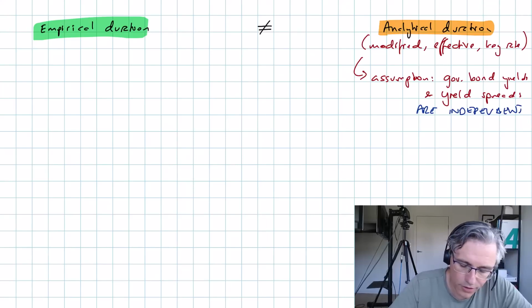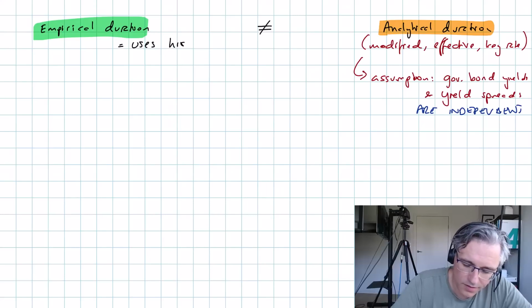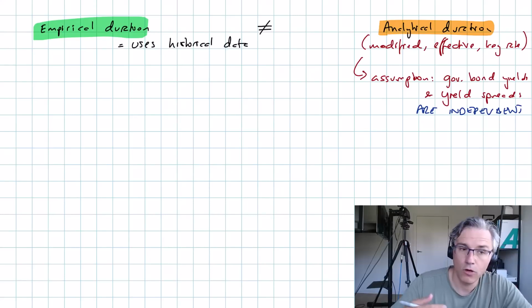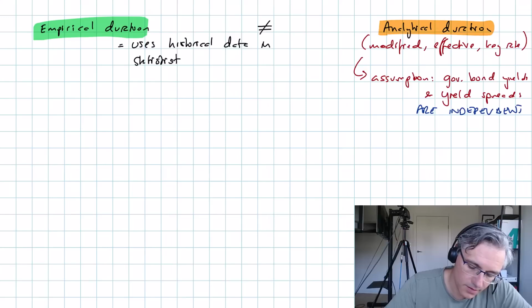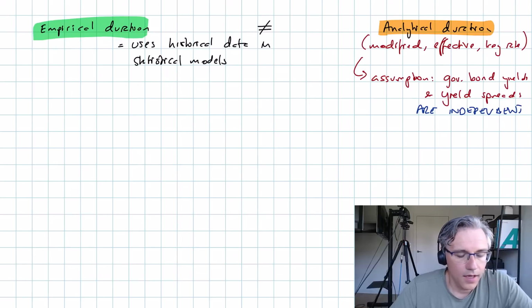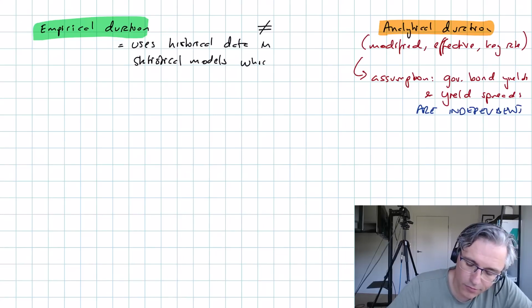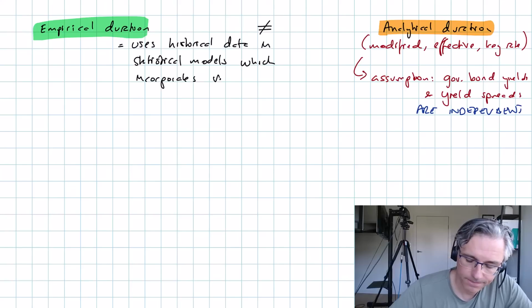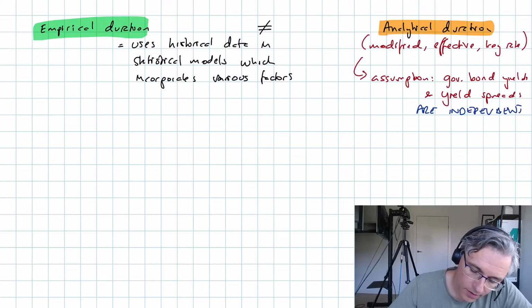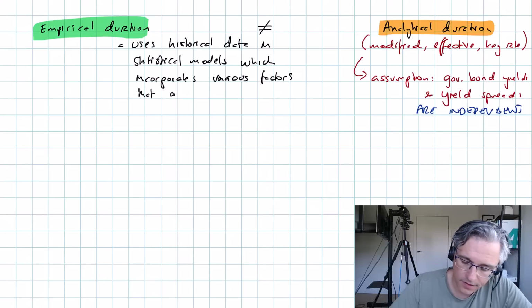So empirical duration, what it does is it uses historical data, observed data, plugs that into statistical models, and that historical data and those statistical models incorporate various factors that affect bond yields and bond prices.